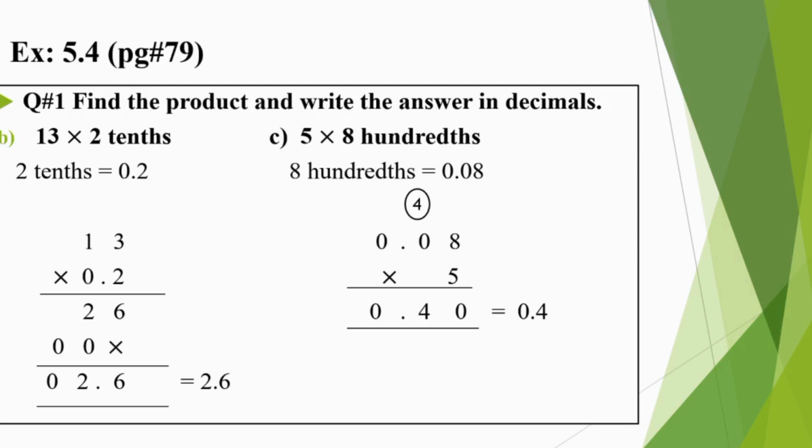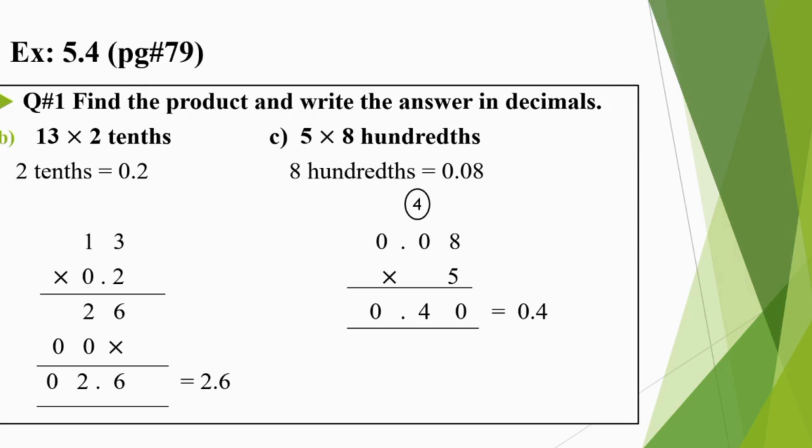How many decimal places are there in the multiplicand and multiplier? There is only one, so I put the decimal to the left side, only 1 place. So it is 2.6.